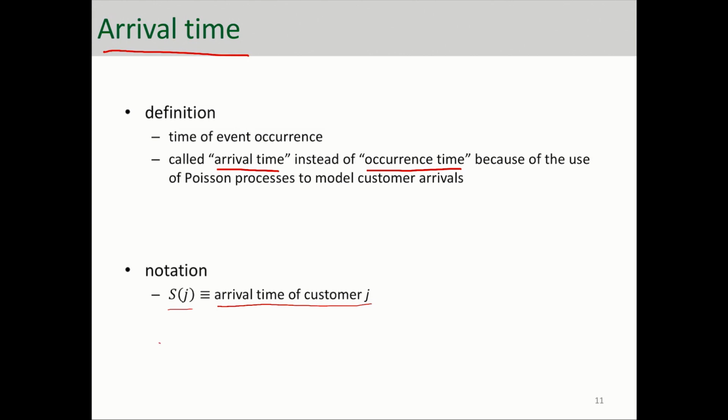As an example, S of 2 is an arrival time, and pay attention, this is a time. This is a time of arrival. So the nature of this S is time. Arrival time of the second customer, right?